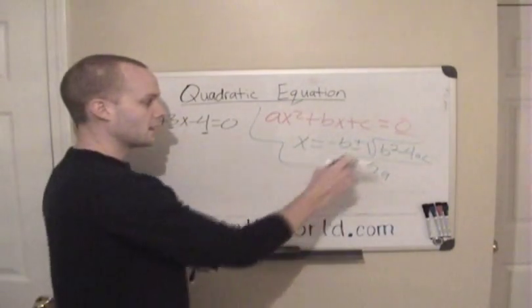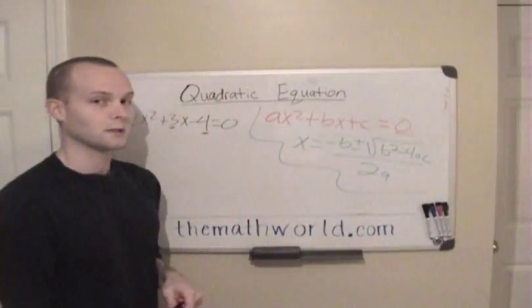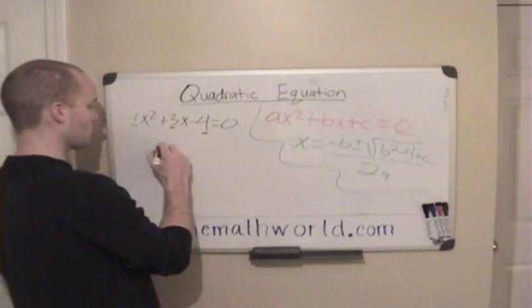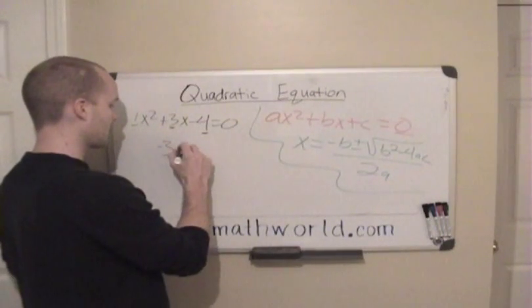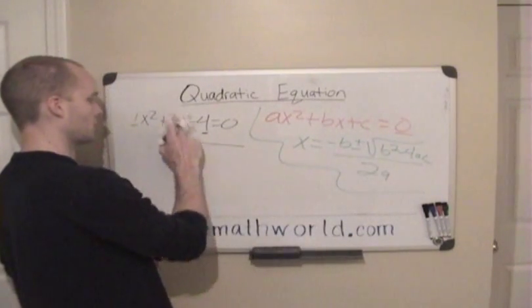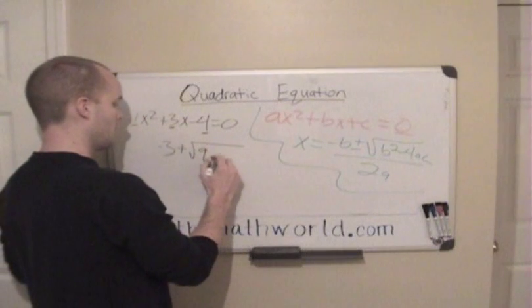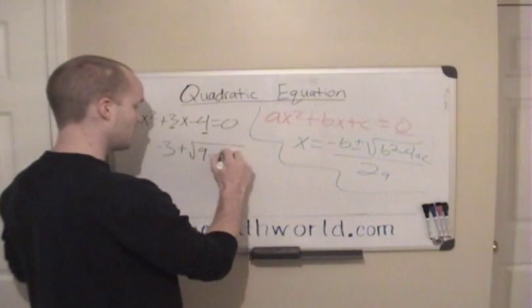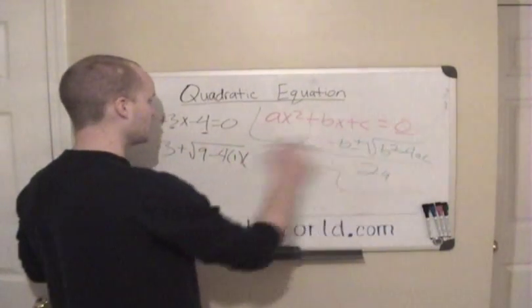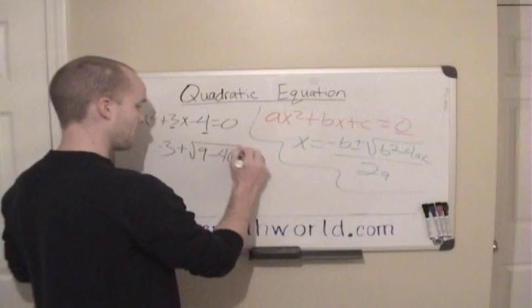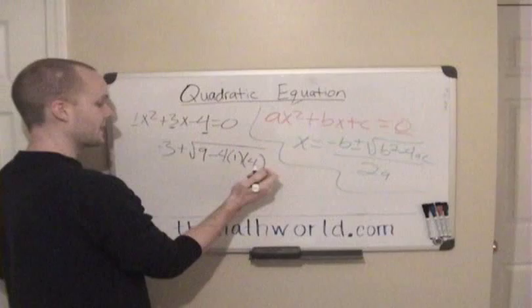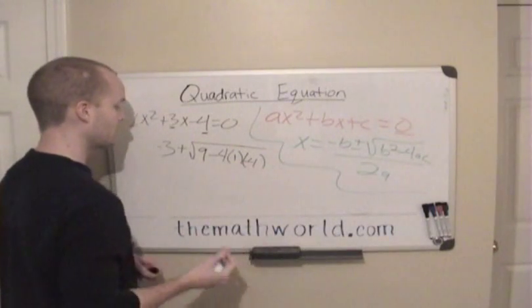This is plus or minus, so we're going to have two different answers. The first one we're going to do is plus, and the second we're going to do is minus. So the first thing we're going to do is minus b, so minus 3, plus the square root of b squared, so 3 squared is 9, minus 4 times 1, remember a is 1, times c, which is negative 4.